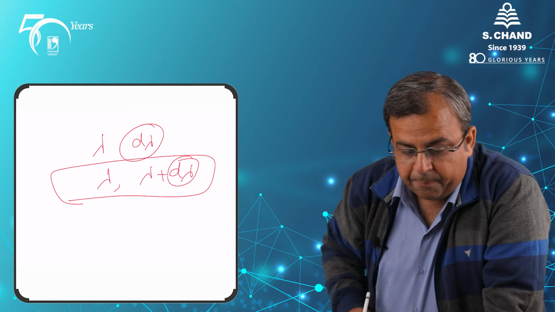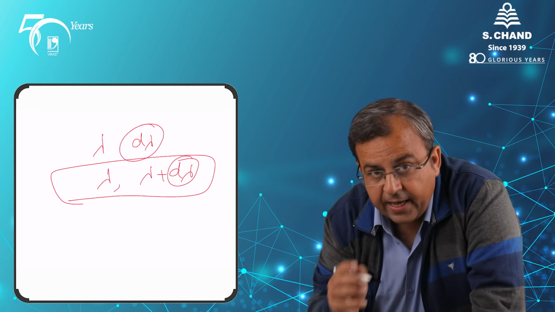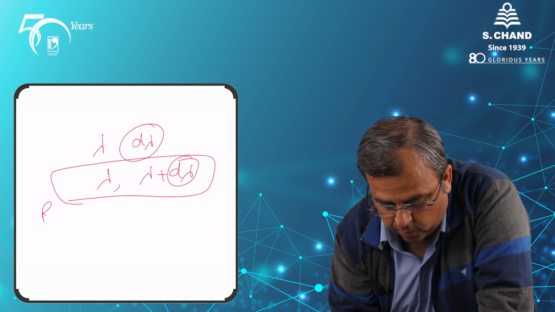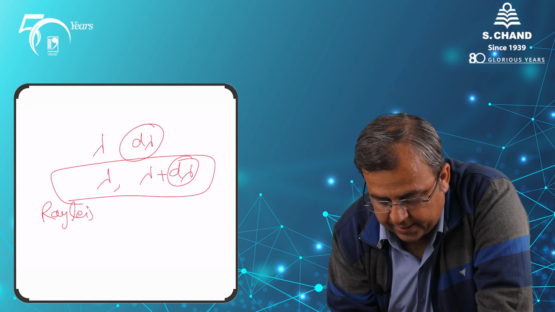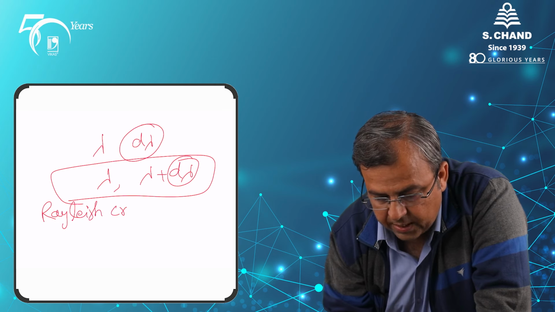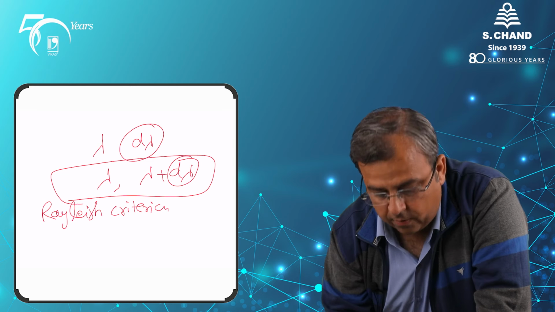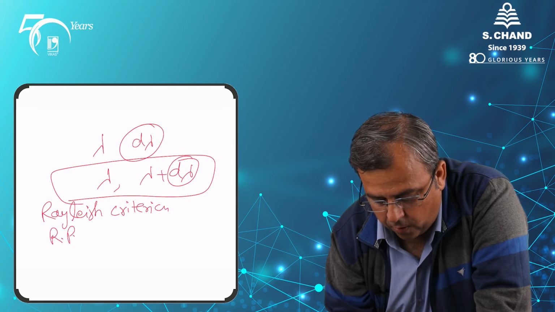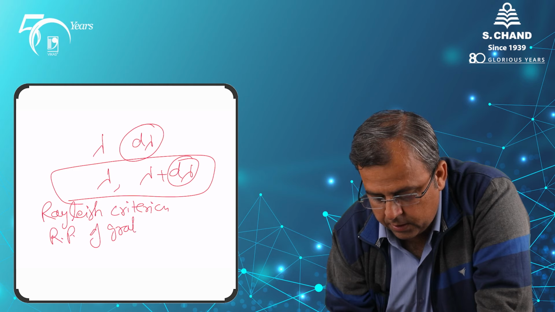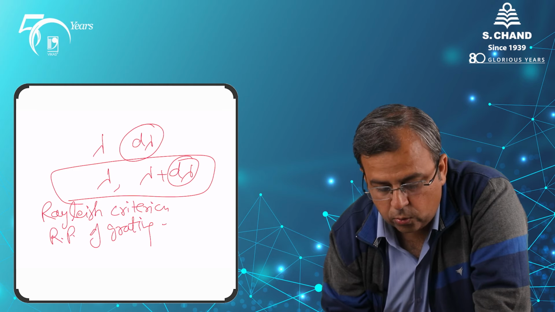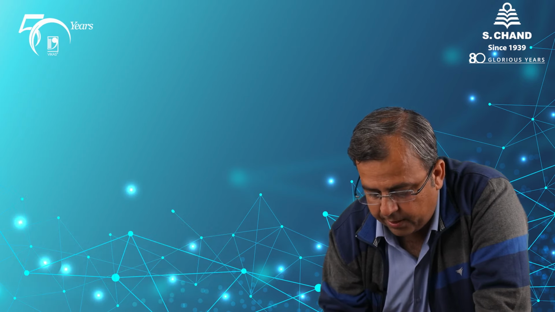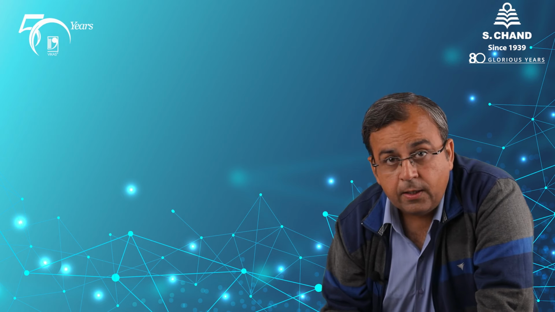So according to Rayleigh criteria, the resolving power of the grating is equal to lambda upon d lambda. So we got it, lambda upon d lambda.